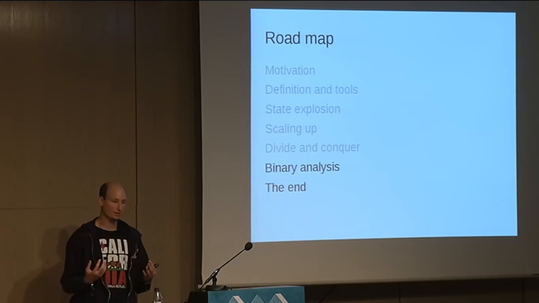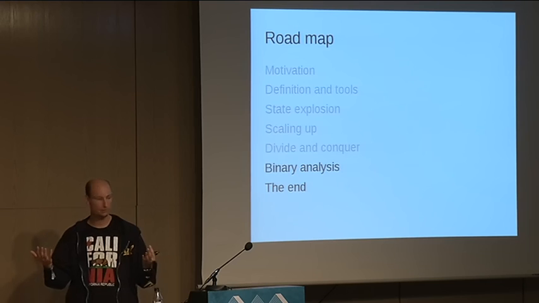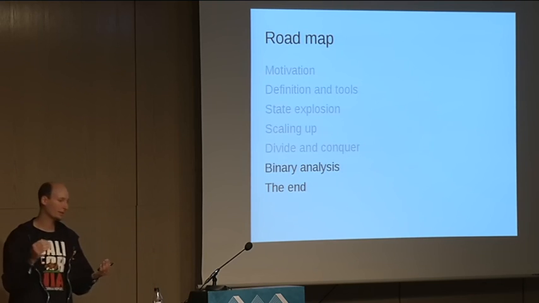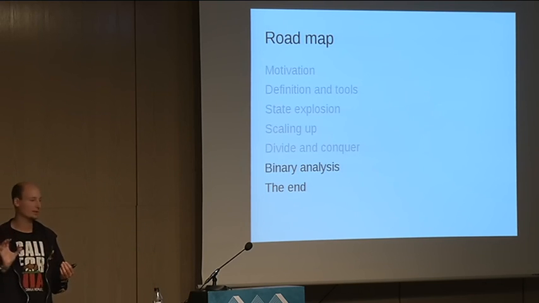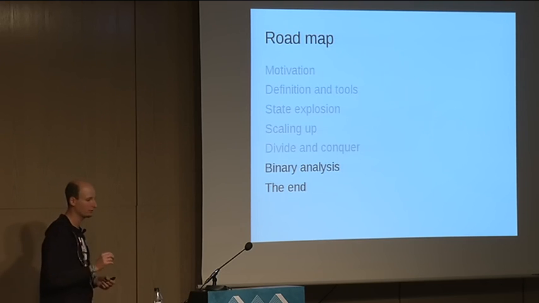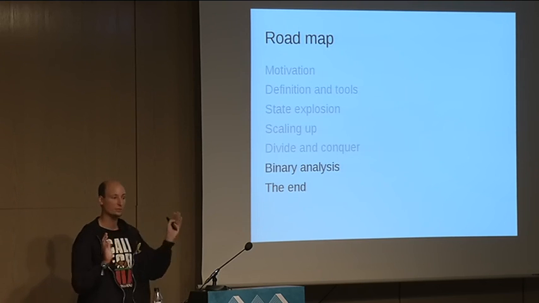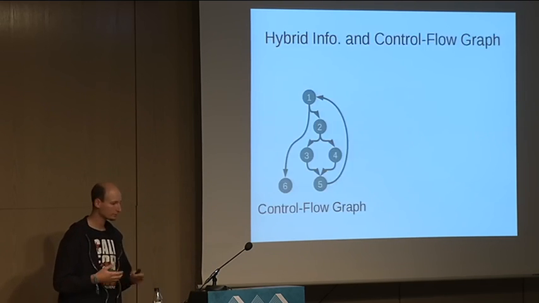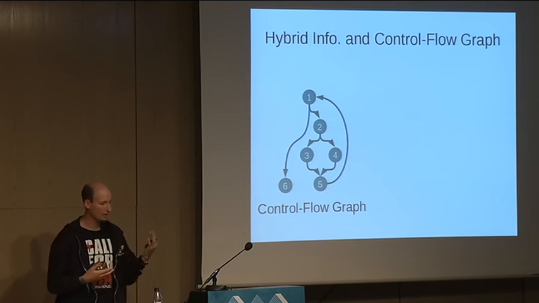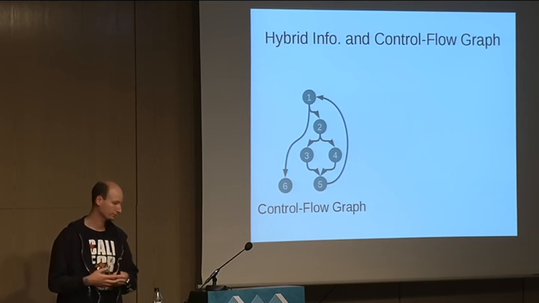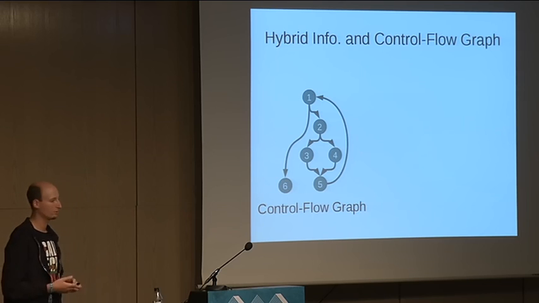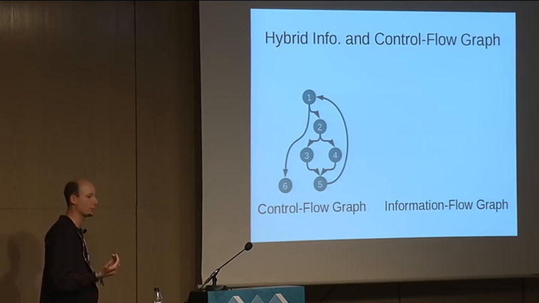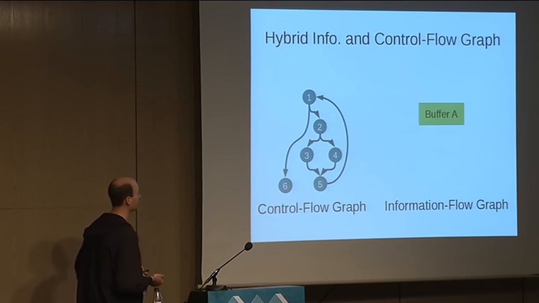So where should we split these symbolic execution units? We use a graph-based binary analysis approach to find minimal points along the execution graph of the application, where we have little interference between individual transformations that transform the data that is available. On one hand, we have a control flow graph, but we combine it with the information flow graph on the other hand.